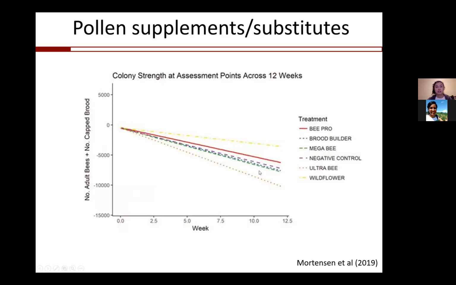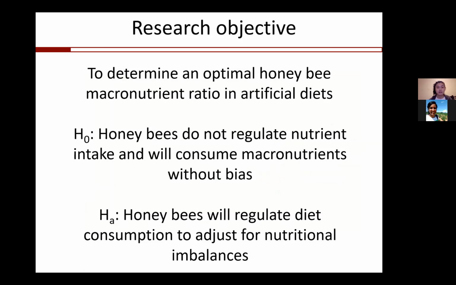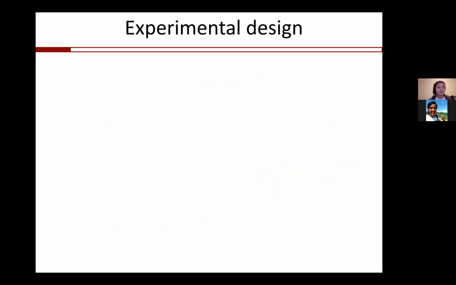So my research objective has been to determine an optimal honeybee macronutrient ratio in these artificial diets. I'm using this geometric framework approach for my methods. I had a field component, and we established nucleus colonies.